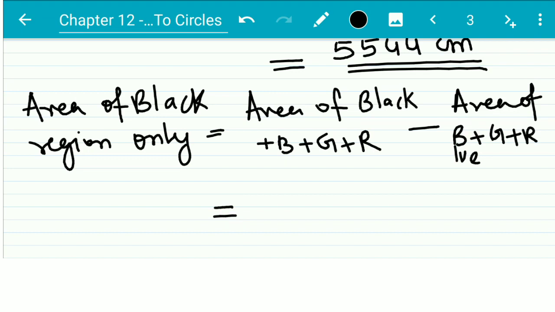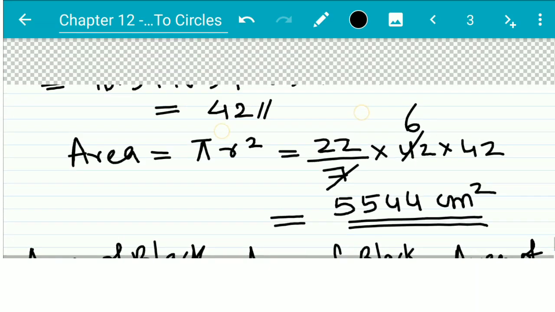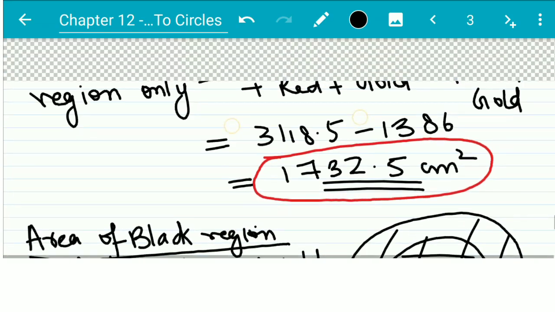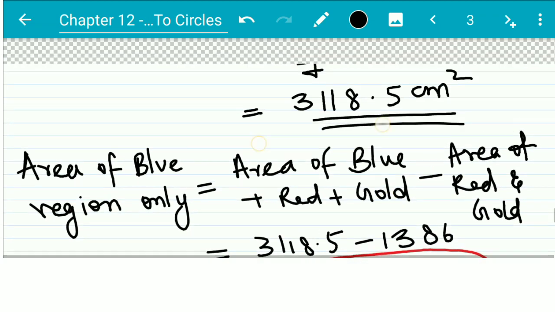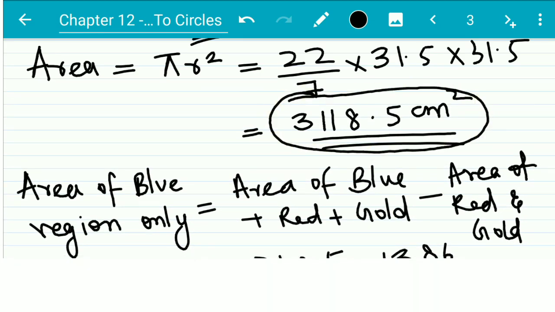So what is the area of black, blue, gold and red? 5544. Just now we got the area. Minus area of blue, gold and red. See what is the area of blue, gold and red? Not this one. Area of blue, gold and red will be this, 3118.5.